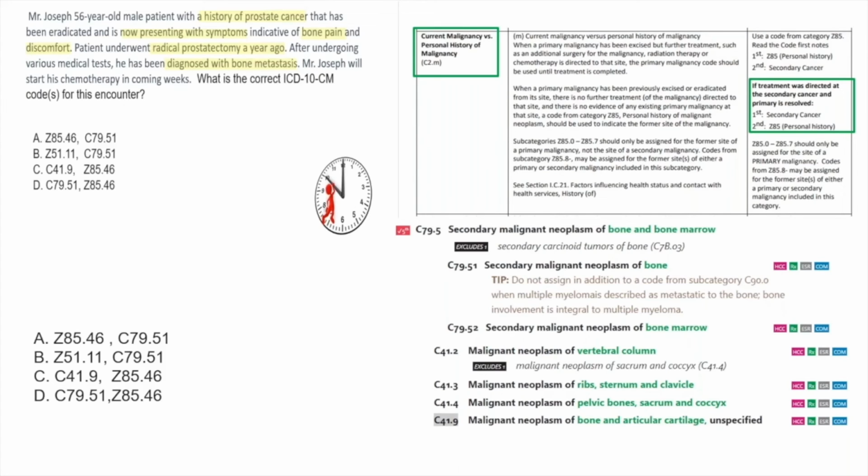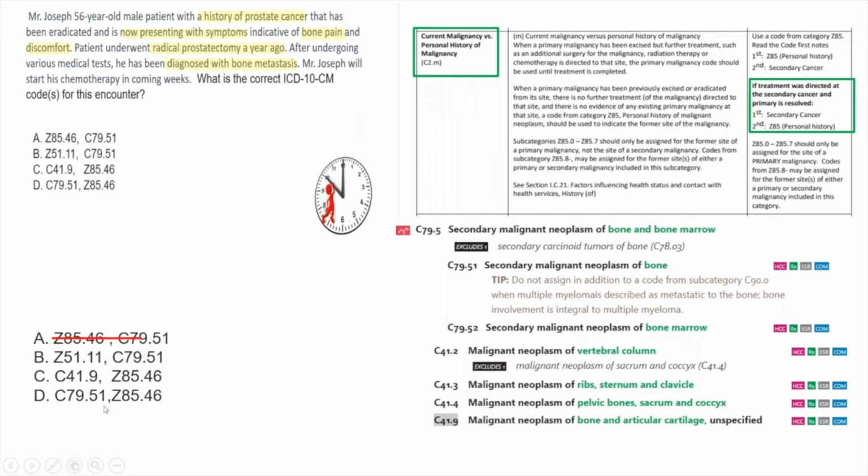So it was clearly mentioned in our scenario that the patient had a prostate cancer initially and it has been completely eradicated. And now the patient is coming with a bone pain and discomfort, which was diagnosed as a metastatic bone cancer. So it's clear from the documentation that the primary cancer is completely resolved.